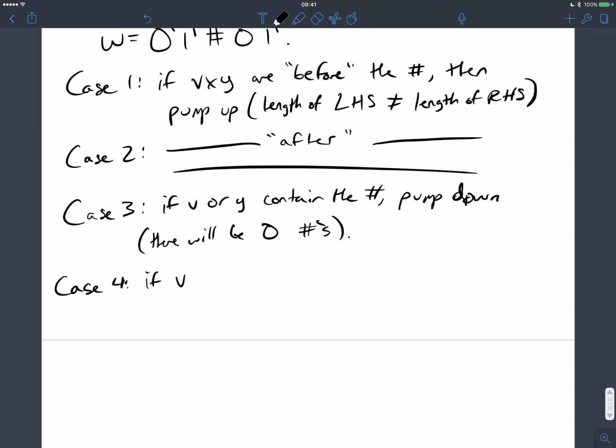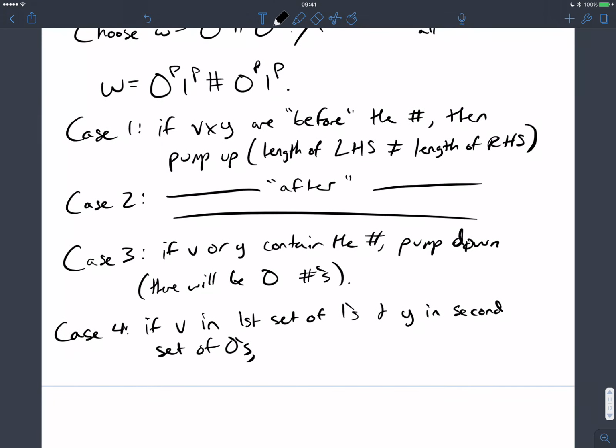If v in first set of ones and y in second set of zeros, could I get to something that is not in the language? Yeah, how would I do it? Yeah, what if I pump up or down? Both will work here. What if I pump up?